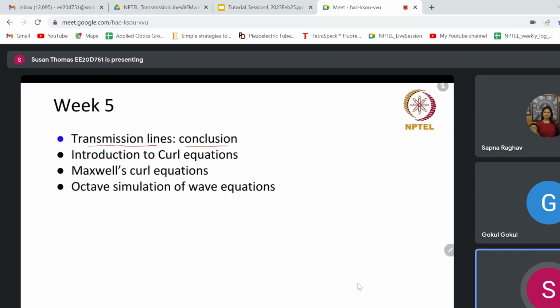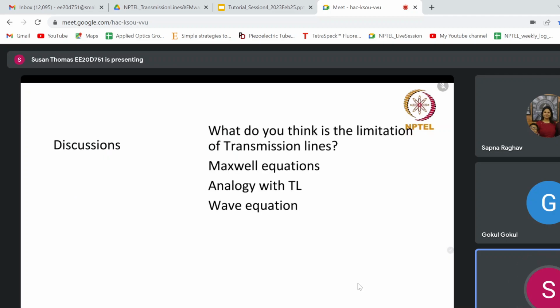Today I'll start with week 5 content, wherein the transmission lines topic is being concluded first of all. To discuss that, first we need to understand the limitation of a transmission line. I hope you have gone through the lectures and understood that depending upon the frequency, basically the alpha, the attenuation constant, if the frequencies are lower, alpha is low.